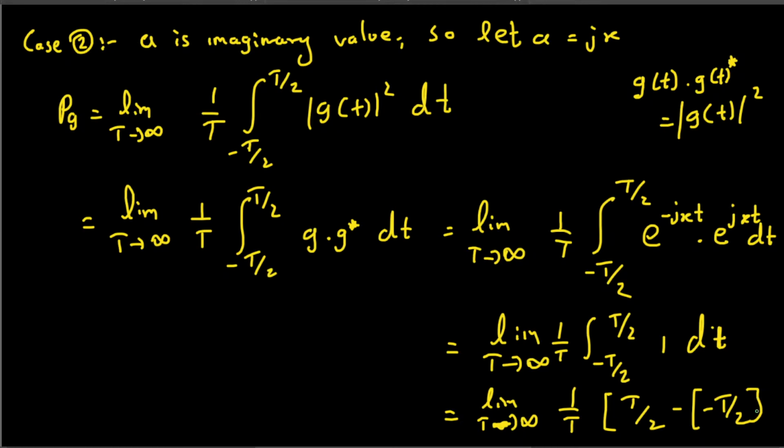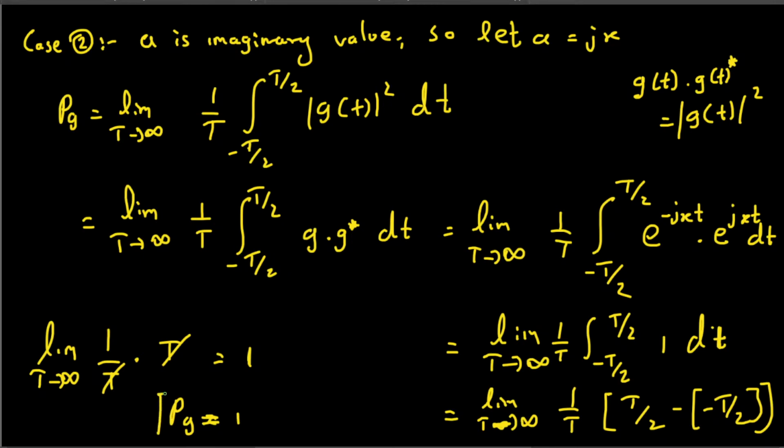So minus minus become plus. Limit t approaches infinity 1 over t, and then t by 2 plus t by 2, that's t. Then t cancels. Now there's no t to apply the limit, so the final answer is 1. That's what we want to prove. Pg is equal to 1 regardless of what value you have for a. Okay, and that's all we want to prove.